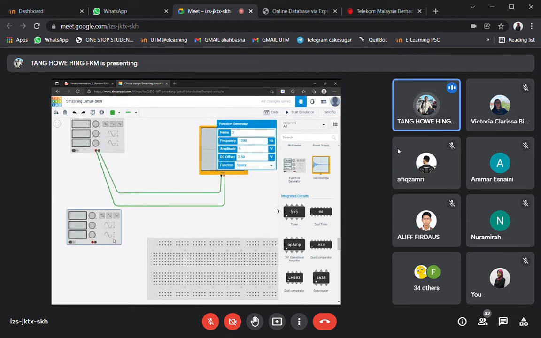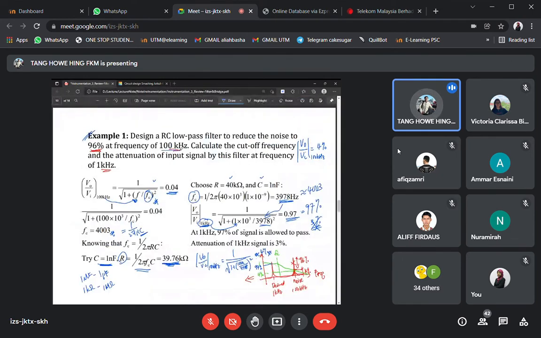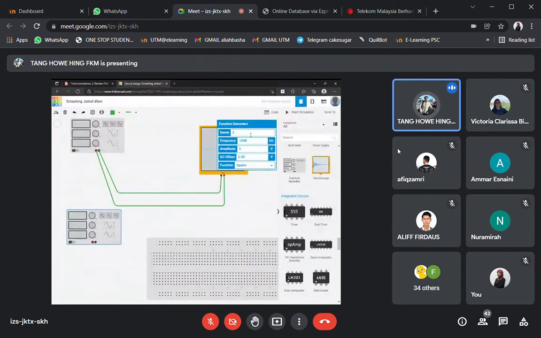This round, for this new function generator, I'm going to generate the noise, and according to the questions, the noise has to be 100 kilohertz. So the frequency is now 100 kilohertz.